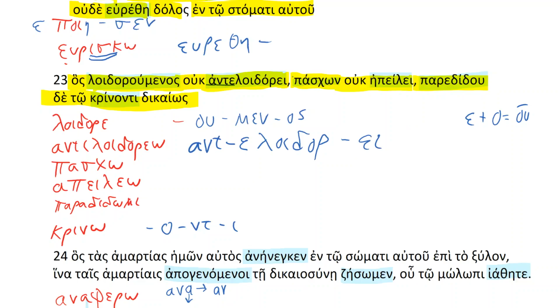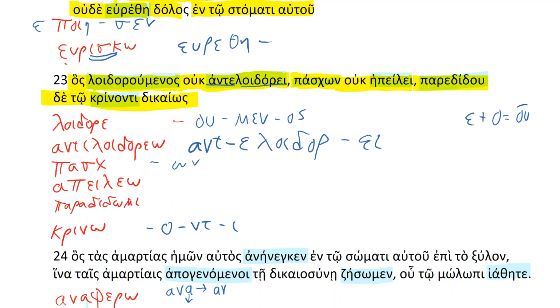That's how you get that. Pasco, again, pretty straightforward. We're going to make that a participle. Simply add the participle endings on that. Pascone is present active participle, nominative masculine singular.